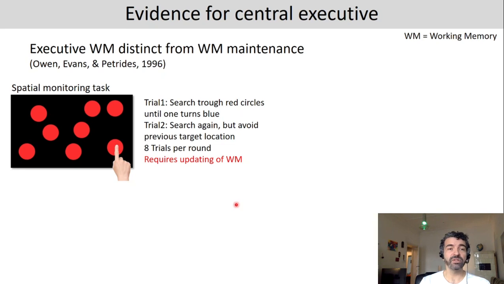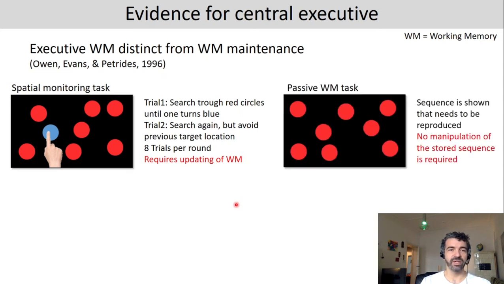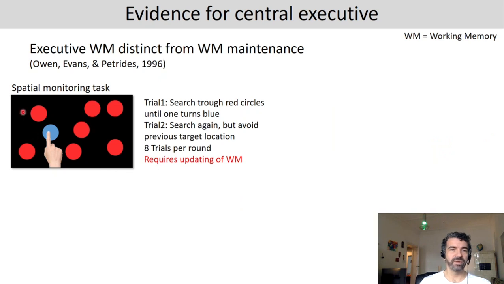So there was a spatial monitoring task, and in this task participants had to click on red circles until one of them turned blue. This one didn't turn blue. This one turned blue. And then in the next trial they had to search again, so they were all going red again, and they had to avoid touching the previous target location. And there were 8 trials per round.